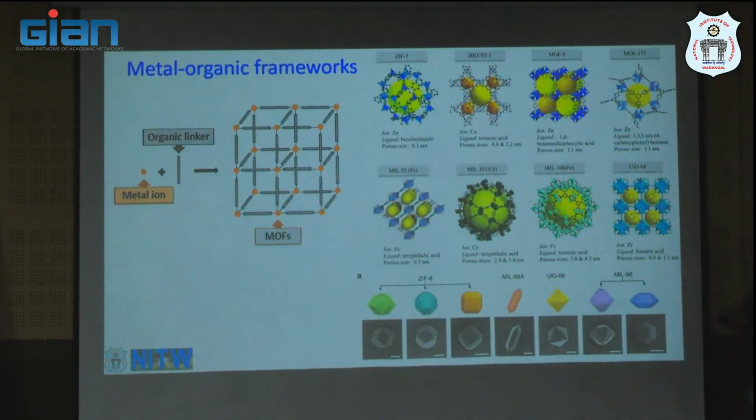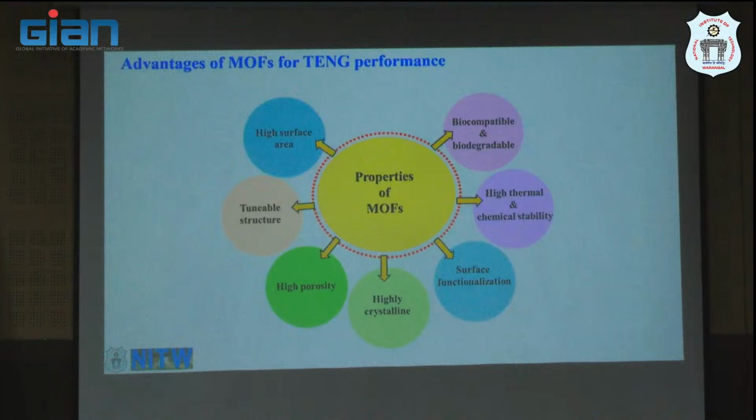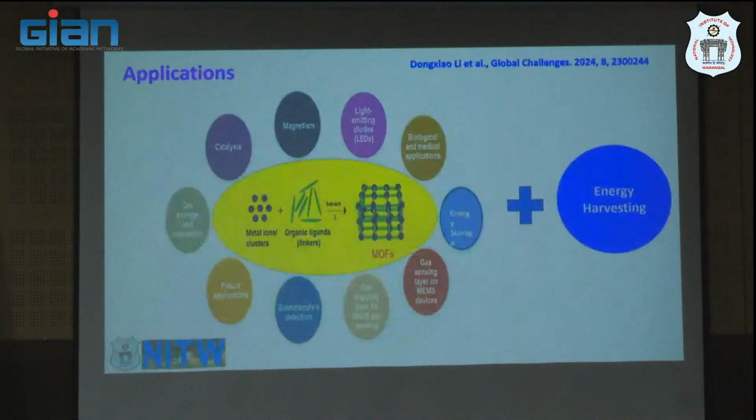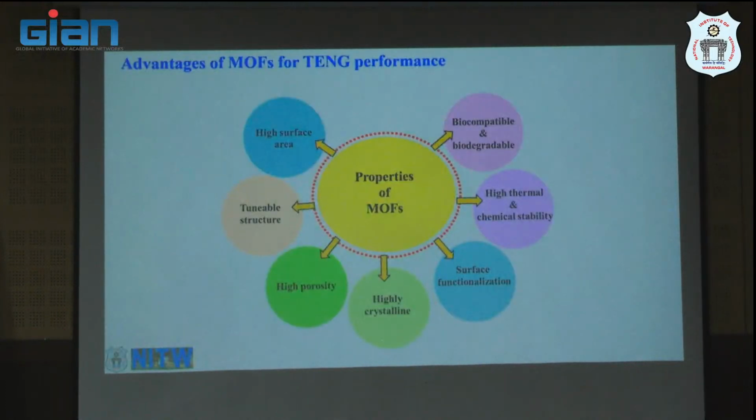Later we explored metal organic frameworks. This is a class of materials with a lot of porous structures, where you have a metal ion and organic linkers. With this you get different kinds of morphologies which will be useful for us. In addition to that we have functionalization. This is the extra thing metal organic frameworks have, where you can functionalize with electron donating groups or electron accepting groups.